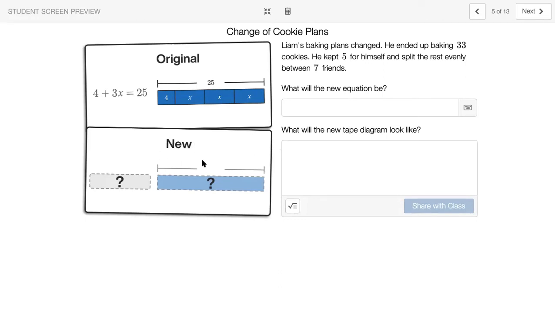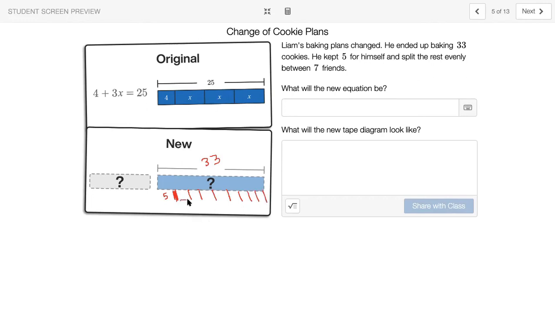So now I know that this is going to be 33. And I know that Liam is going to keep 5 for himself. So I'll just draw a line here. That's 5. And the rest of this is going to be broken up into 7 equal pieces. So it's going to be 1, 2, 3, 4, 5, 6, 7.